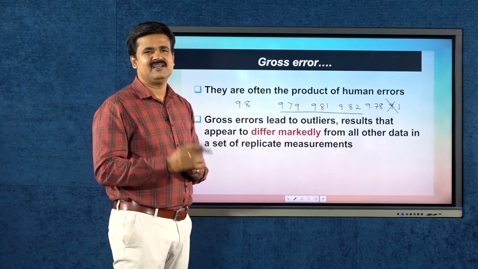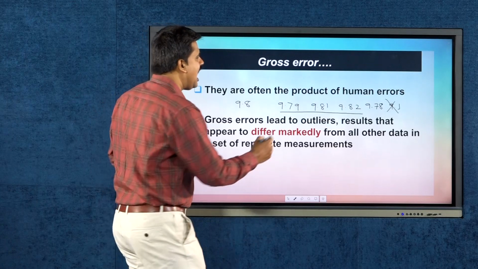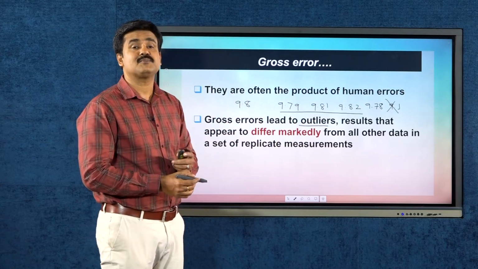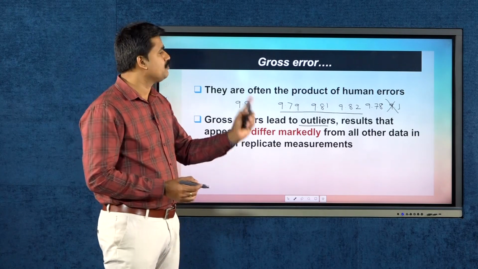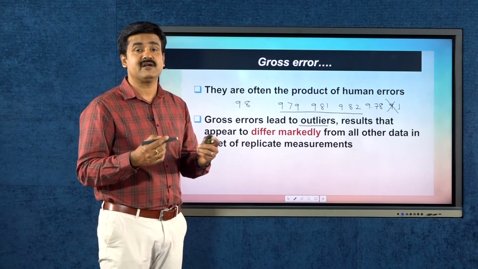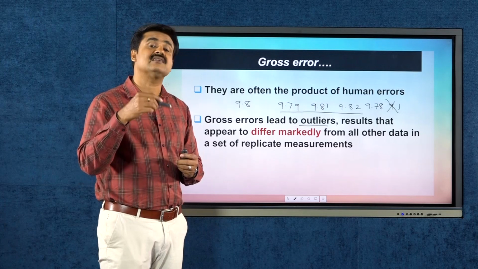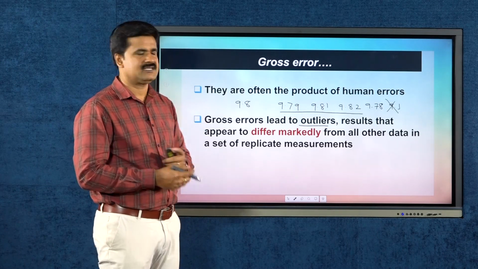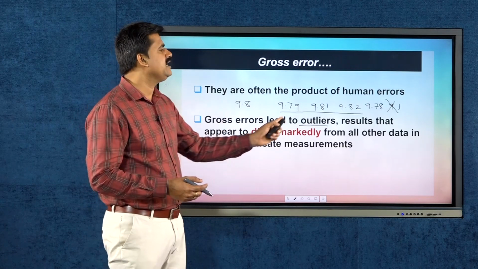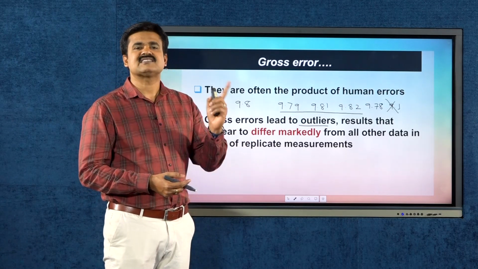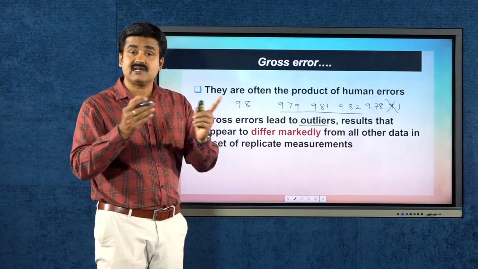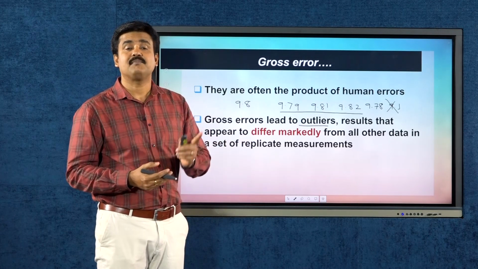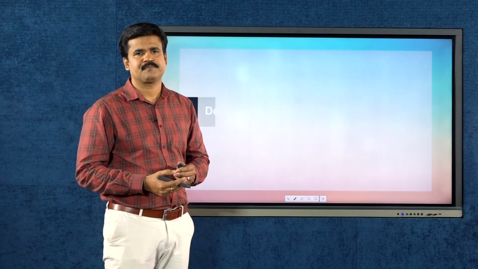That value is considered as an outlier in a measurement. That is the concept of outlier. So, suppose you are getting another big value, 11 or 10.5, that can also be considered as an outlier. So, you have to keep in mind that gross errors lead to outliers, results that appear to differ markedly from all other data in a set of replicate measurements.